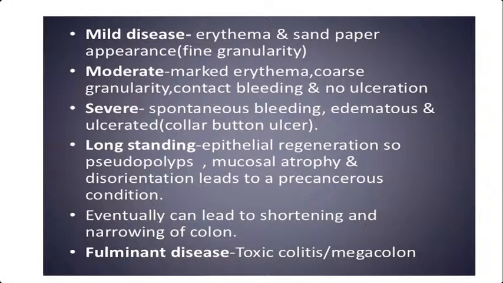Where you have chronic inflammation and destruction of tissue and regeneration, then the risk for cancer ensues. Eventually, all this activity of inflammation and healing and regeneration can lead to shortening and narrowing of the colon. And of course, with fulminant disease, you can have toxic colitis with megacolon.